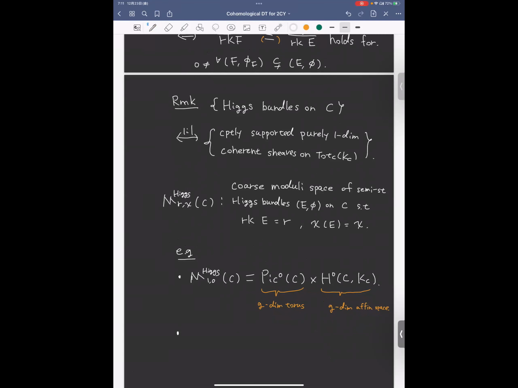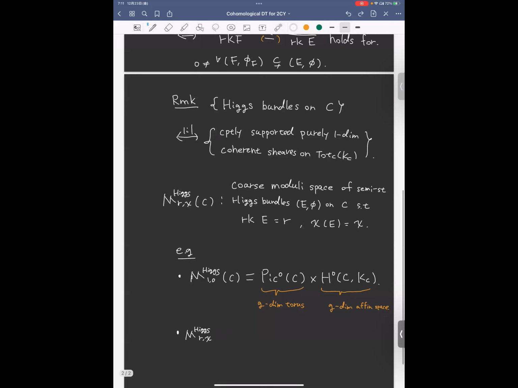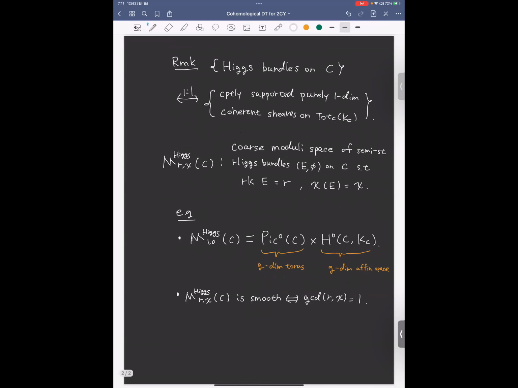And we can show that the moduli space of Higgs bundles is smooth if and only if R and chi are coprime. If R and chi are not coprime, the moduli space is singular along the strictly semi-stable locus.